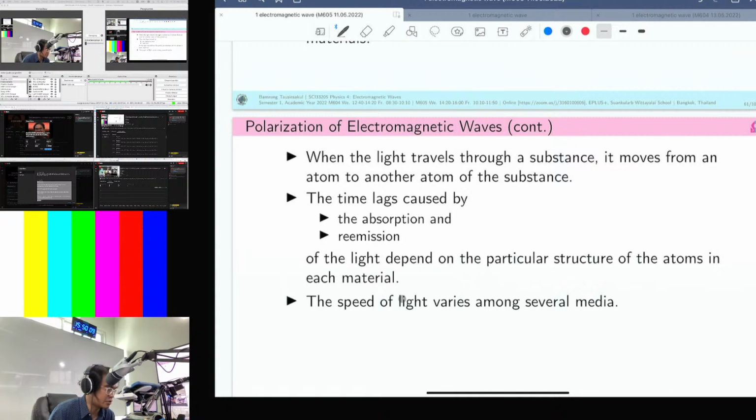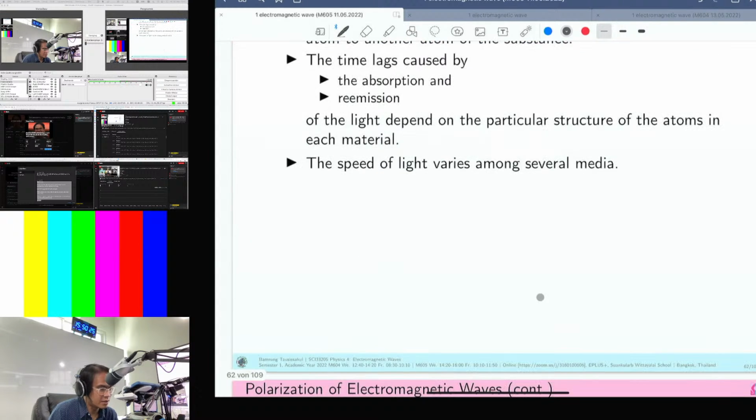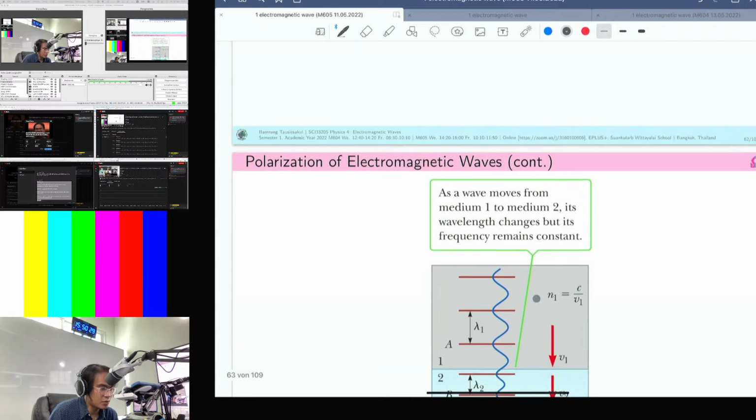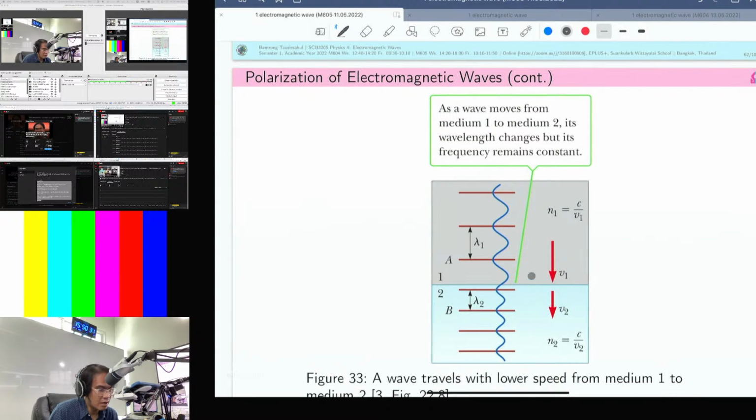Different materials have different ability for absorption and re-emission. For this reason, the light will have different speeds among several media. It's not 3 times 10 to 8 anymore once the light propagates through a different material.